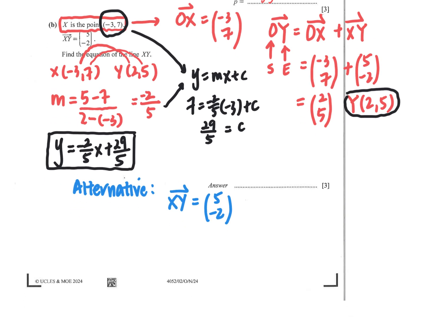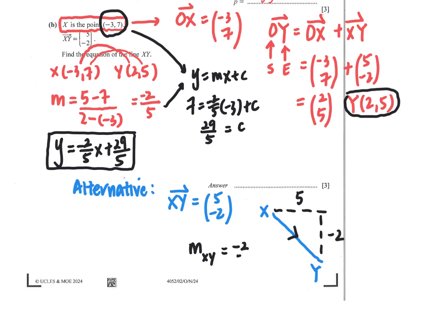So that means my point X and Y goes like that: 5 units, 2 units down. So to move from X to Y, the vector is (5, -2). So can I find the gradient of XY? What is the rise over run?